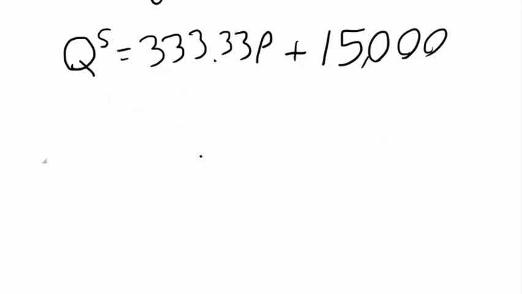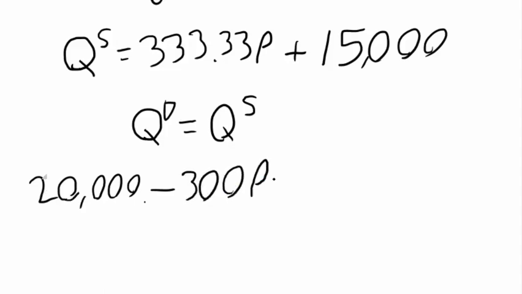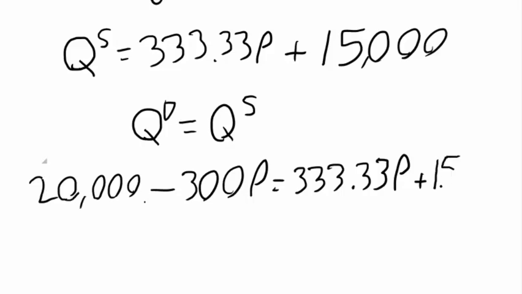And so we have our quantity supplied function, and we were given a quantity demanded function in the beginning of this problem. In profit maximization, we're at equilibrium, so we can assume that quantity demanded equals quantity supplied. So we can set them equal to each other to find our price. Quantity demanded was 20,000 minus 300p, and that is equal to 333.33 times price plus 15,000.